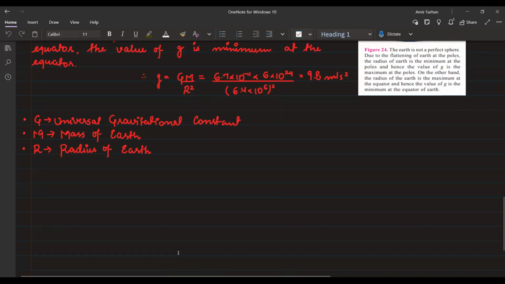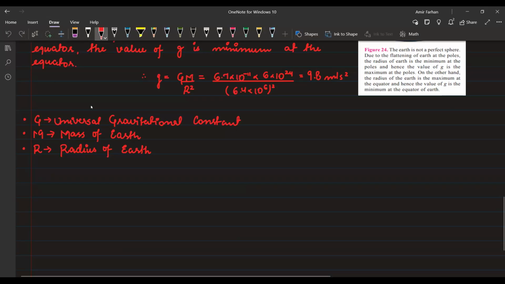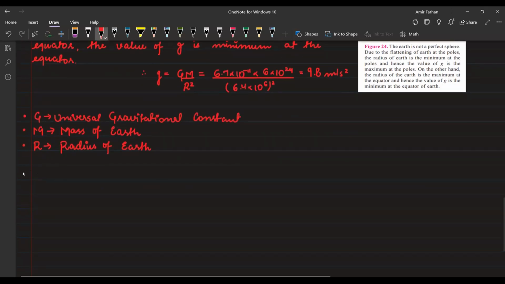Okay, everyone, let's start the class. Now let's derive the formula. I'm going to write it here because this derivation is in your NCERT as well. It means this is part of your school syllabus. If something is given in the rationalized NCERT content, it is a part of your syllabus. It depends whether the school will ask or not.